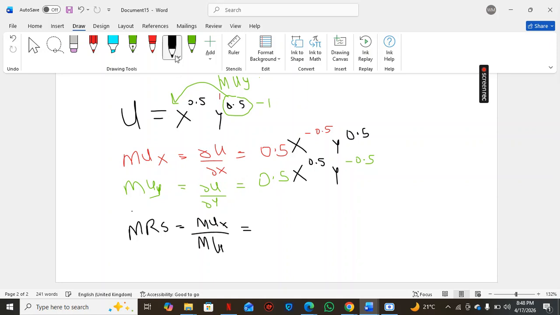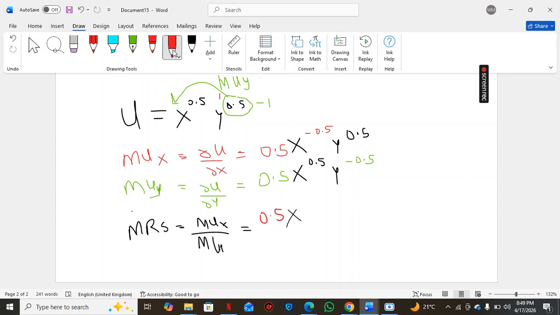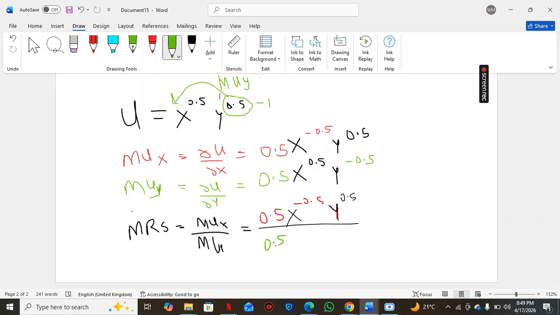So that would be 0.5 x to the power negative 0.5, y to the power 0.5, over 0.5 x to the power 0.5, y to the power negative 0.5.